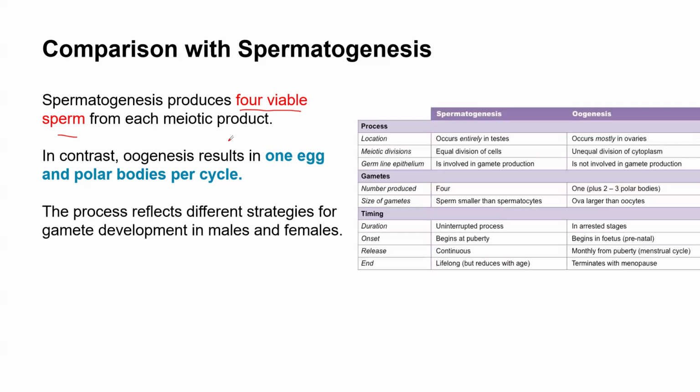Now let's look at the differences clearly between spermatogenesis and oogenesis. Spermatogenesis occurs entirely in the testes, while oogenesis occurs entirely in the ovaries.